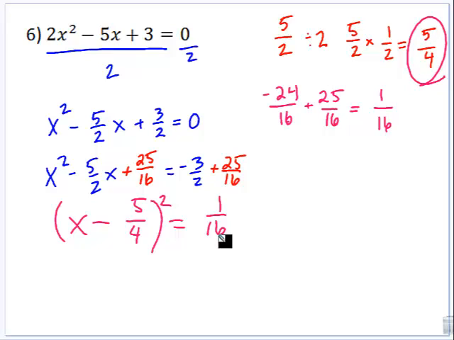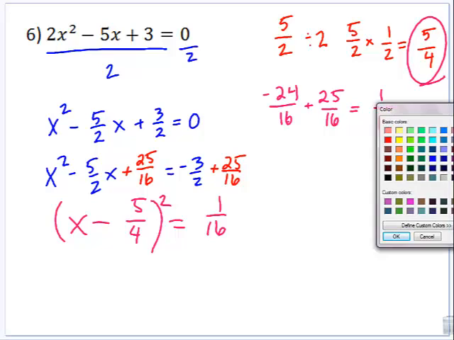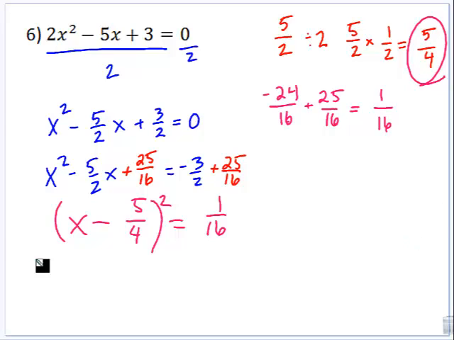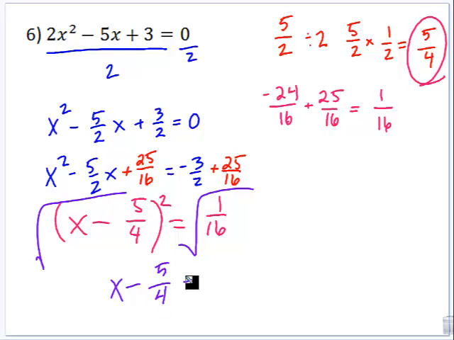And now we can take the square root of both sides. So this then gives us x minus 5 fourths is equal to plus or minus, and the square root of 1 sixteenth is 1 fourth. So now we have to take a positive 1 fourth and add our 5 fourths to it.